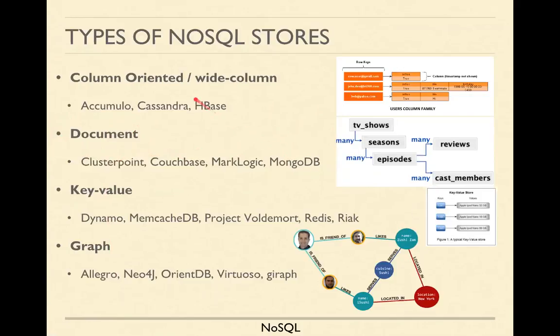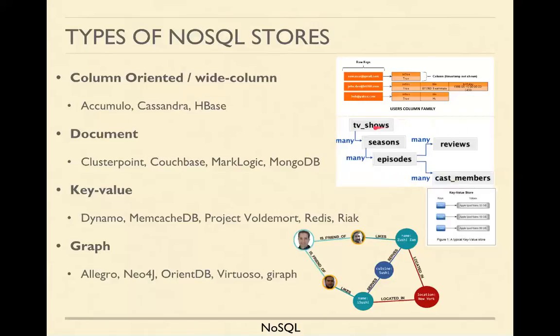We will talk about HBase, which is column oriented, today. And for document oriented, the best example is MongoDB. In MongoDB you have something called collections. Instead of calling them tables, we call them collections, and in the collections every record is a complex object like a JSON object.